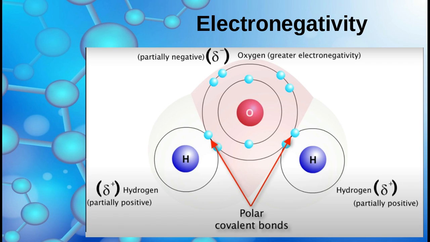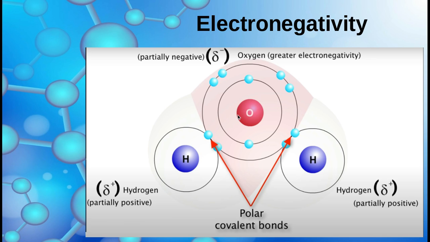Now, if we move to oxygen and hydrogen in this molecule of water, what we're going to notice is oxygen is very electronegative and hydrogen is not. So oxygen likes to share the electrons with hydrogen, and hydrogen is willing to share its electrons with oxygen, but oxygen is more stingy and it shares unequally.